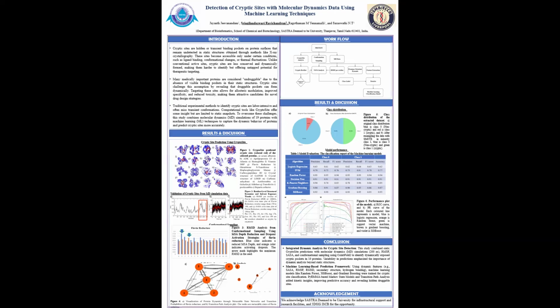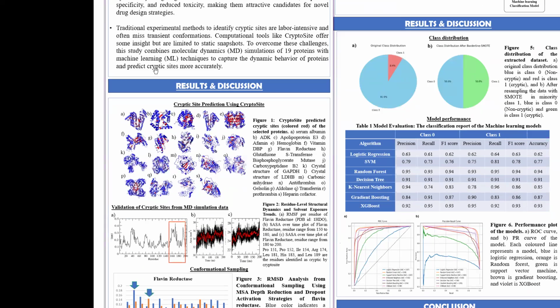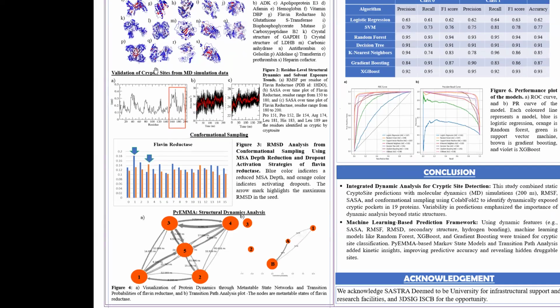Here, these are the 19 proteins we have taken, and this Figure 1 is the result of CryptoSite analysis. So, this blue region is nothing but non-cryptic residues, and red is cryptic residues. And the next is validation of cryptic site from molecular dynamics simulation data.